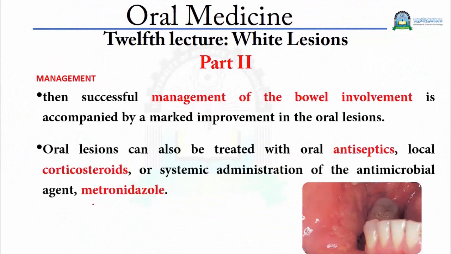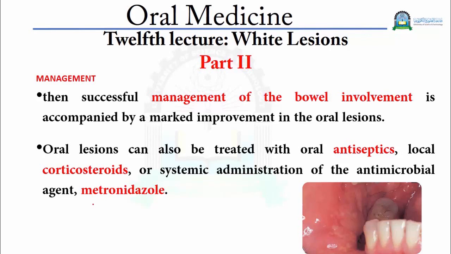Management of pyostomatitis vegetans starts with successful management of bowel involvement, so you need to refer your patient to a GIT specialist, and the management of the systemic condition will be associated with improved oral lesions.